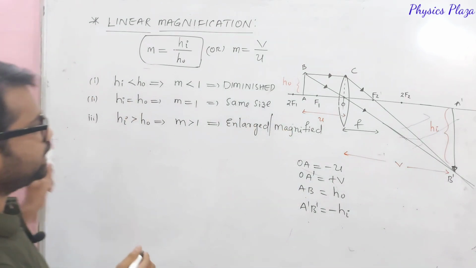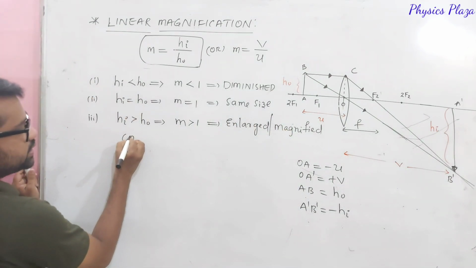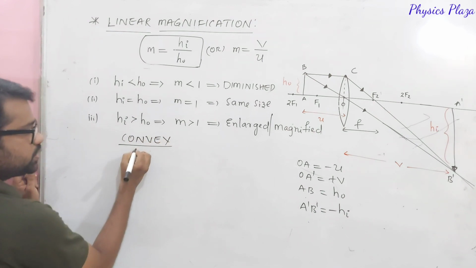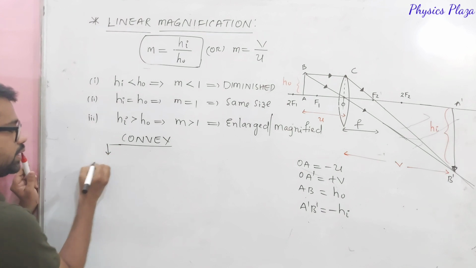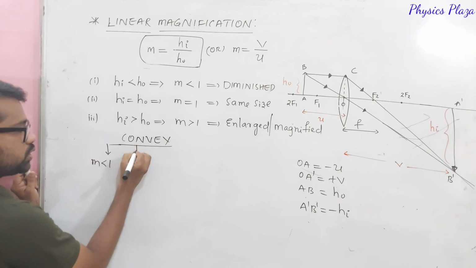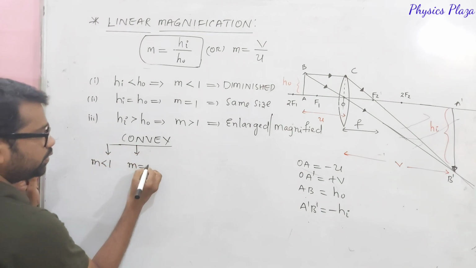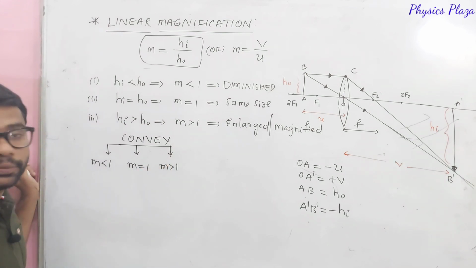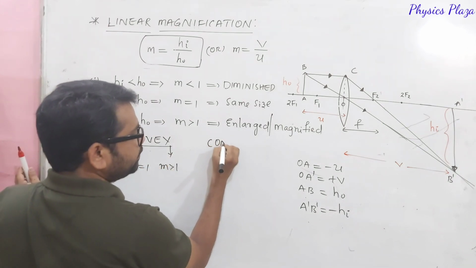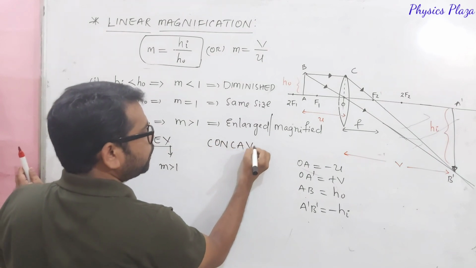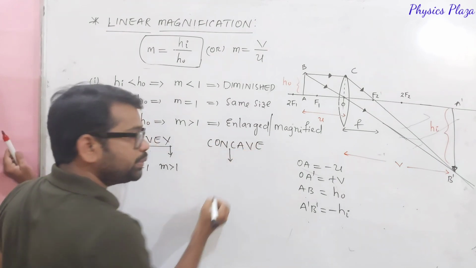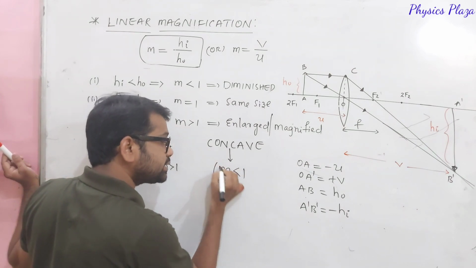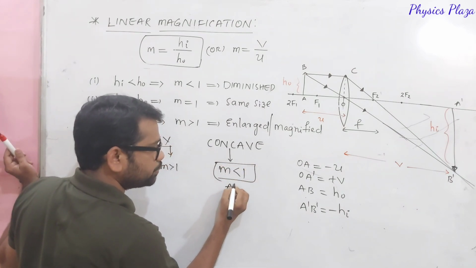So for a convex lens, all three are possible: m less than 1, m equal to 1, and m greater than 1. But for a concave lens, we already know that a concave lens always forms a diminished image. So for a concave lens, m is always less than 1. Children, it's very, very important.